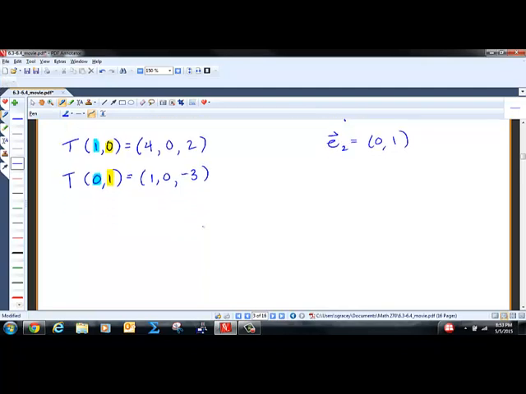So what do we have? We do these in column format. So the standard matrix for T, drum roll please, is, we call it A, remember, and A is equal to these as column vectors.